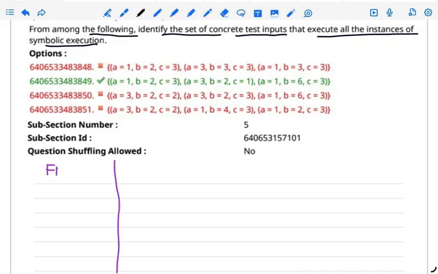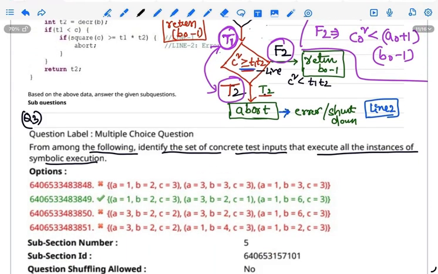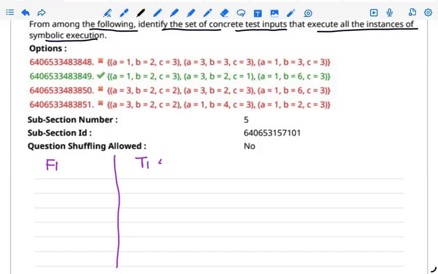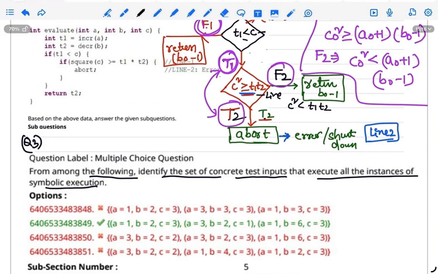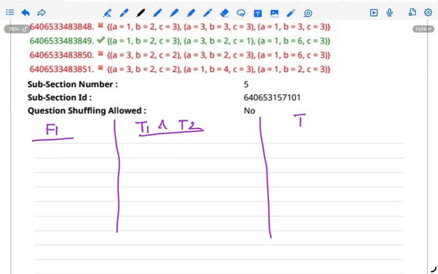The next one is T1, T2, both conditions true. That is the second instance. And the third instance is T1 and F2.